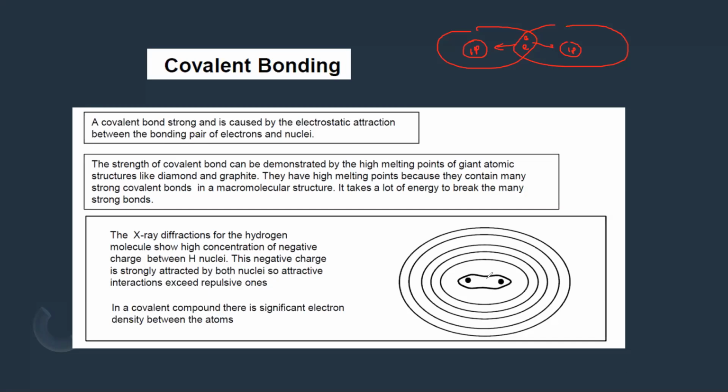That's why there is higher electron density between the two nuclei. These lines represent the electron density. This is not the shell or the orbit. It means the probability of finding an electron is maximum between the two nuclei. As we move away from the center, the probability, or the electron density, decreases.